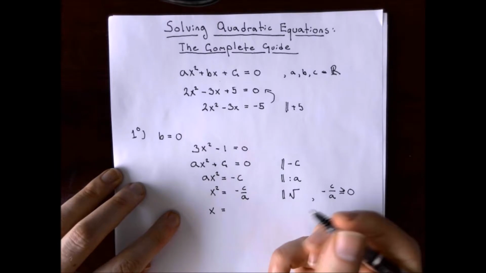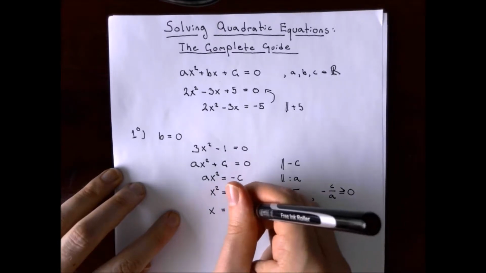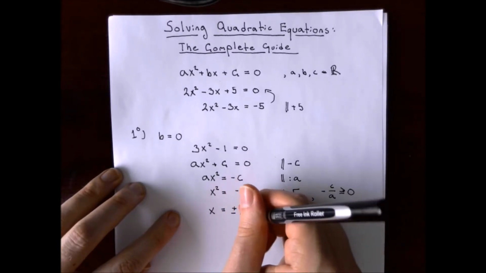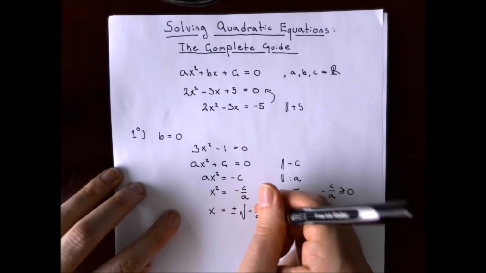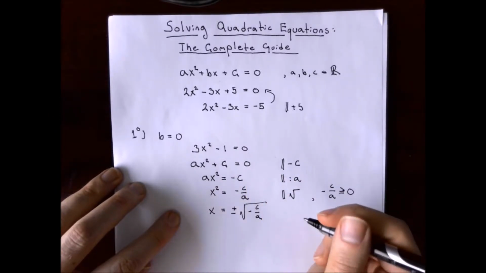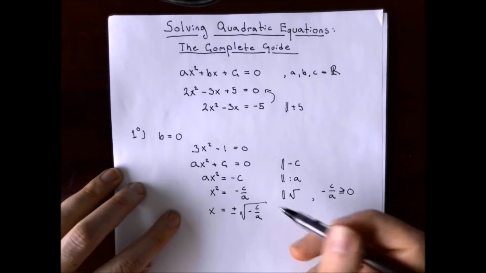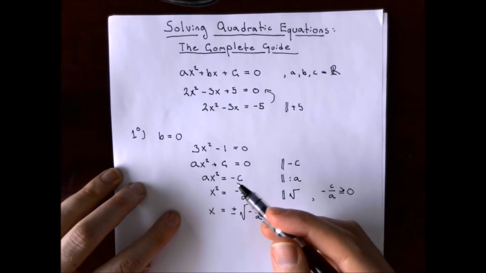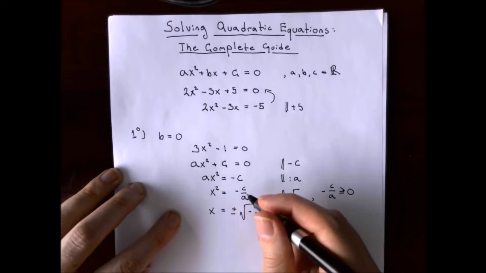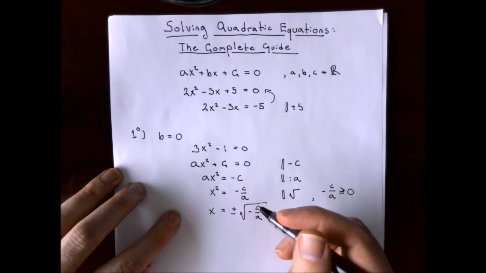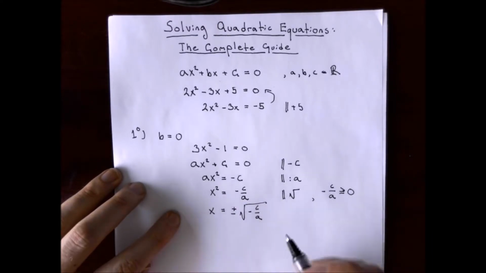In the solution, x will be plus minus the square root of minus c over a. And notice for quadratic equations of this form, we're either going to have 0 solutions if this operation is not allowed, or we're going to have 2 solutions.